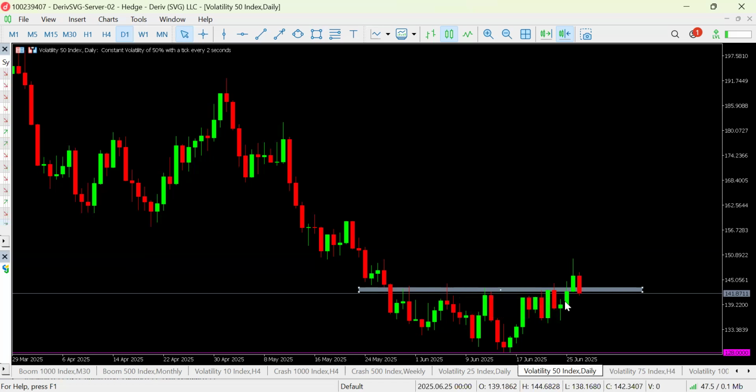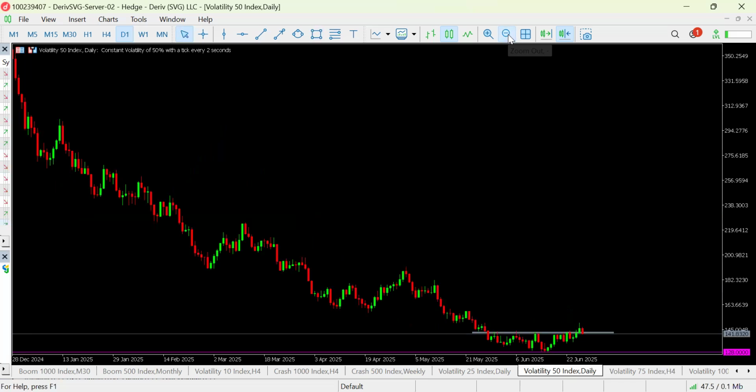And I think price later broke the zone. So this zone acted as a resistance for a very long time, and then price later broke out of it, and the zone is currently being retested by this big red candle. Now that's my first observation.